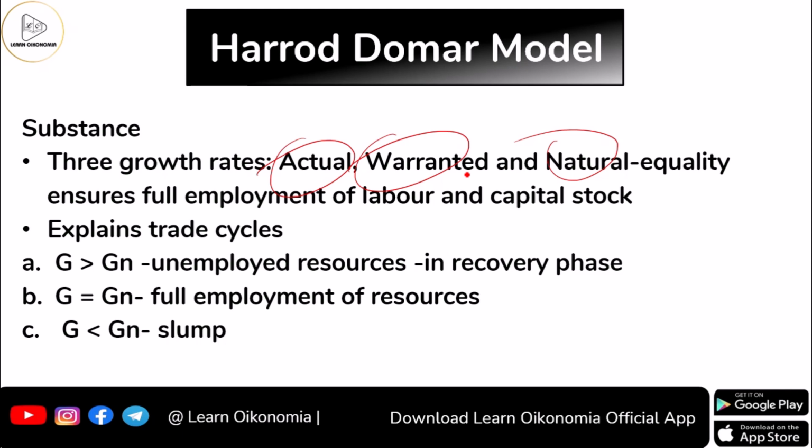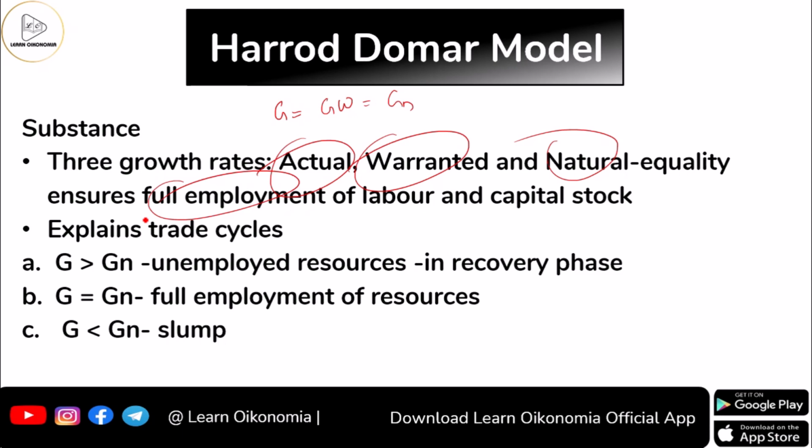When you take the two models together, this model says that whenever your actual growth rate is equal to your warranted growth rate, which is equal to your natural growth rate, this will ensure full employment of labor and capital stock in the economy. You will be fully utilizing your capital as well as labor.